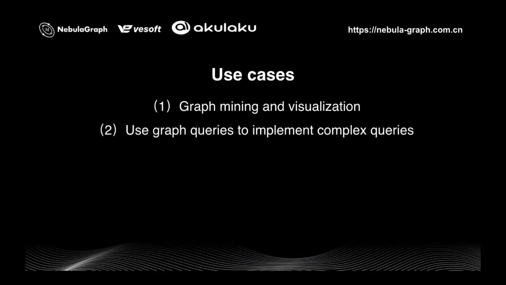The second use case is that we can use graph queries to implement complex queries. For some problems, although at first they may not seem to be related to graphs, we can still translate these problems into graph settings and implement them as graph queries. In that way, it may help us to understand the problem and to maintain the program.